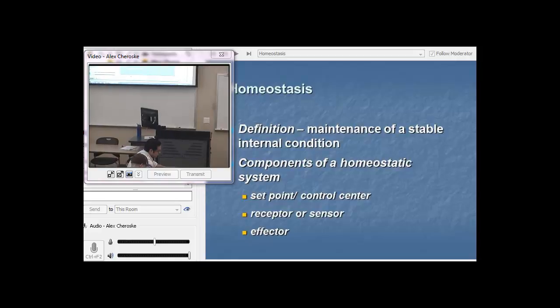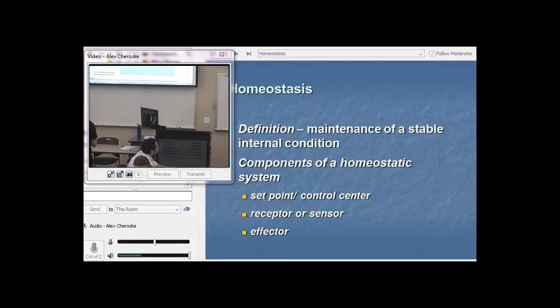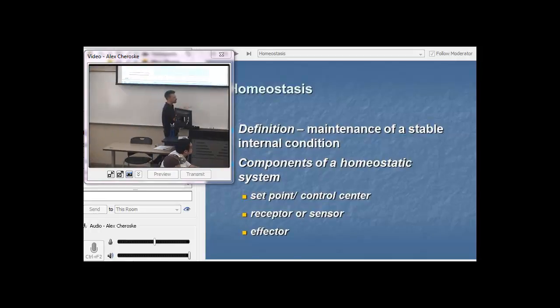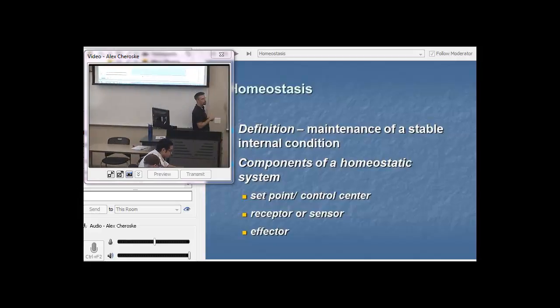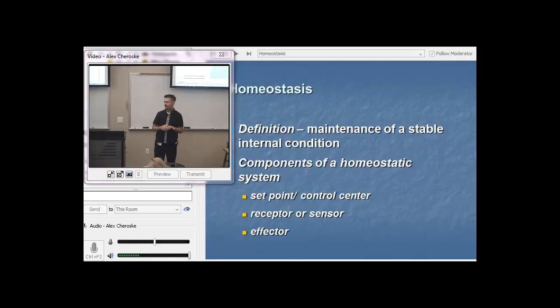Now, when we look at that definition, homeo means the same, and stasis means kind of unchanging. And so a stable internal condition means that it's not always exactly at what we call the set point, right? So, like we said, body temperature, 98.6 degrees. It's not always exactly 98.6 degrees.